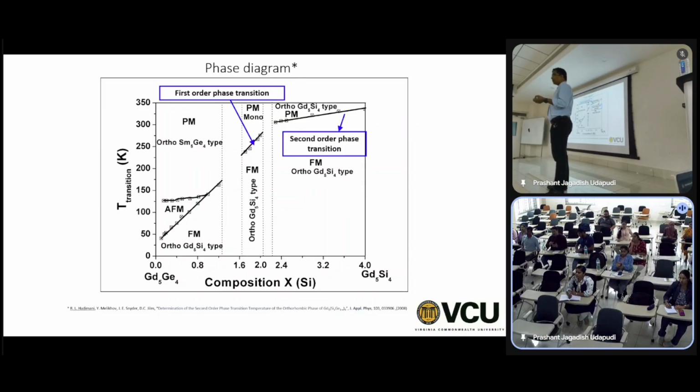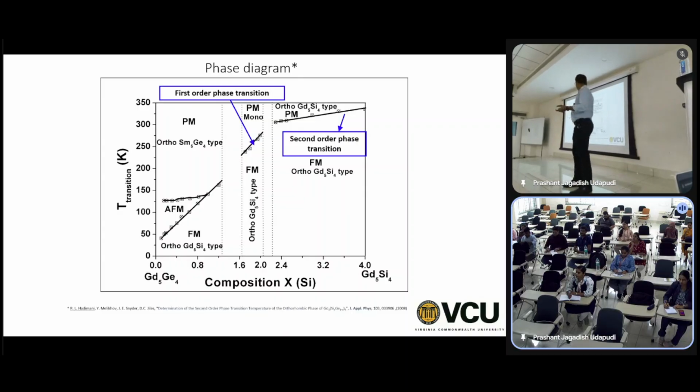Here it is, this is also temperature, right? So in normal, this is for magnetic materials. This temperature is the magnetic phase transition temperature. That means at these temperatures here, the material becomes paramagnetic if you heat it up. Otherwise, at low temperature, it is ferromagnetic. So this is a magnetic phase diagram.